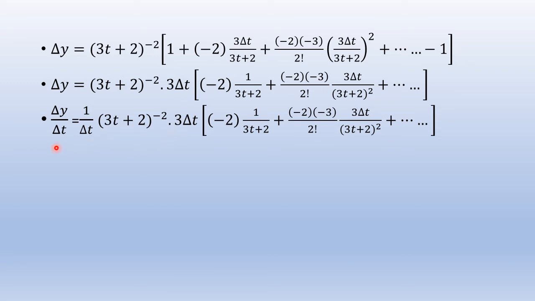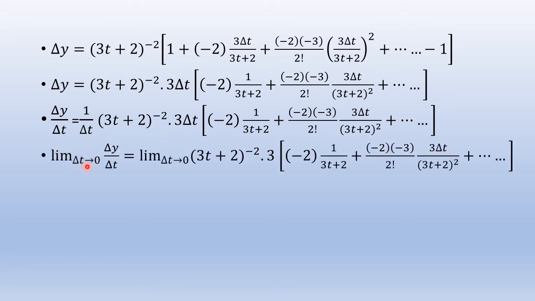Then we go for the next step, which is to apply limit on both sides. So we apply limit when del t tends to 0 on left side, limit when del t tends to 0 on right side. And what is the result? This is called dy by dt. And here we will put a 0 here and every next term has got del t in it. So all the next terms become 0. So this is it, dy by dt.